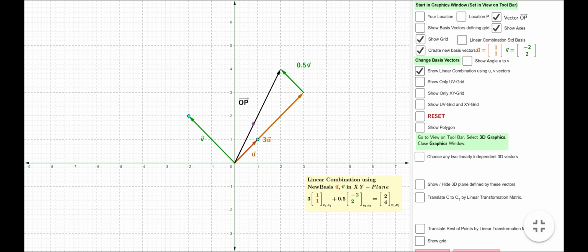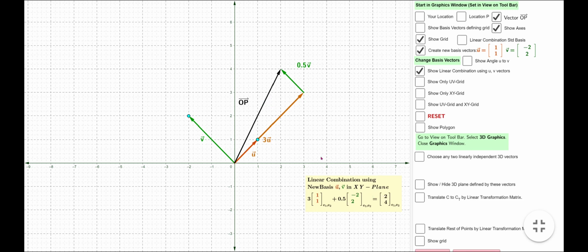So this somewhat arbitrary black vector over here, I can express as a linear combination of the u vector: 3 times u plus a half v gives me my vector OP over here. So 3 times the vector u plus a half times the vector v gives me this vector (2, 4).